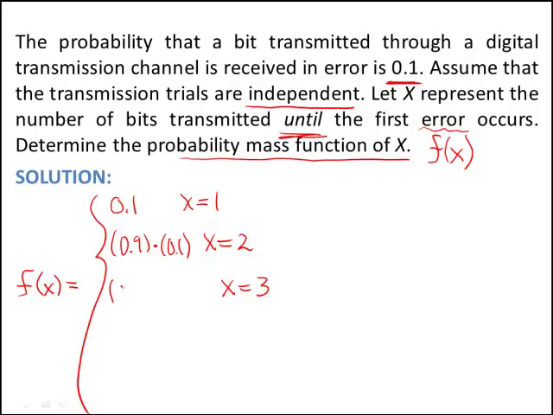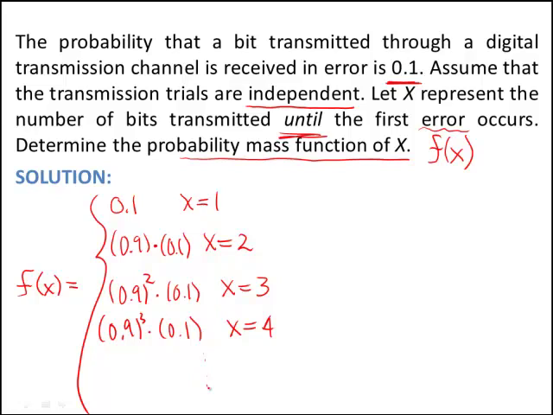So the first two were successful, no errors, 0.9 squared, times 0.1 for the third one, meaning it came across as an error. Should we build case 4? Why not? X equals 4 means the first 3 came across well, times, and again I'm multiplying everything because I have independence, times 0.1. The fourth one was an error, and we can go on and on.